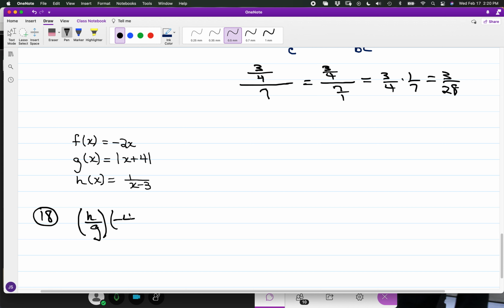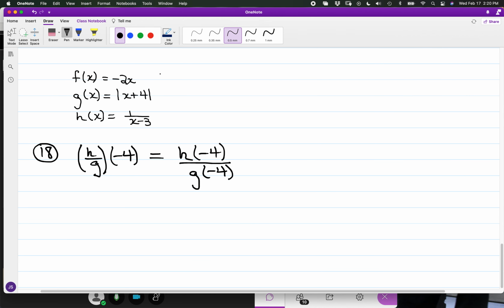With h over g of -4, again you will have h of -4 divided by g of -4.